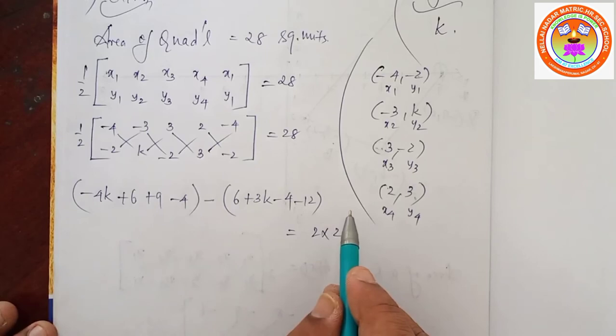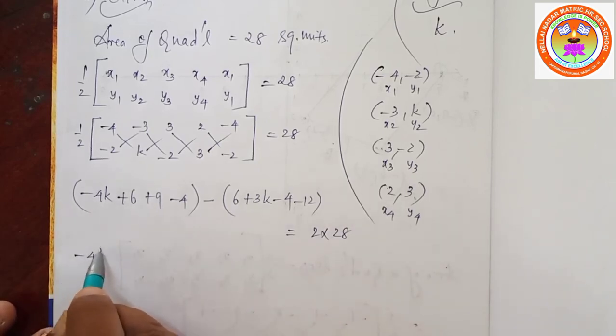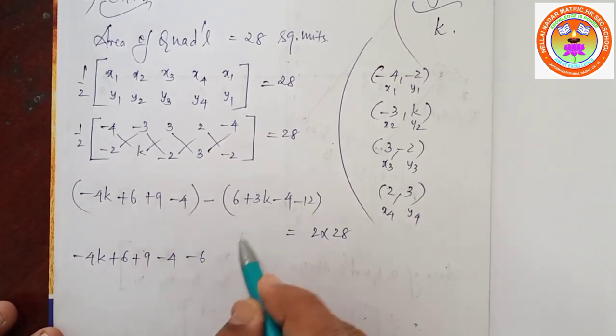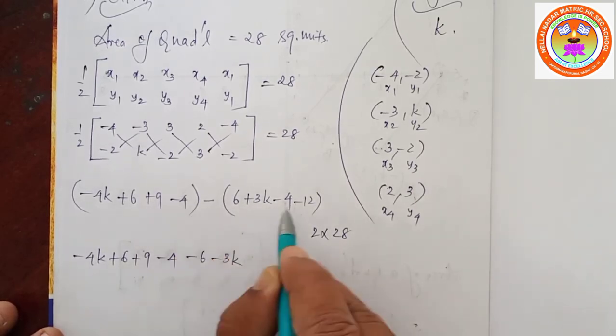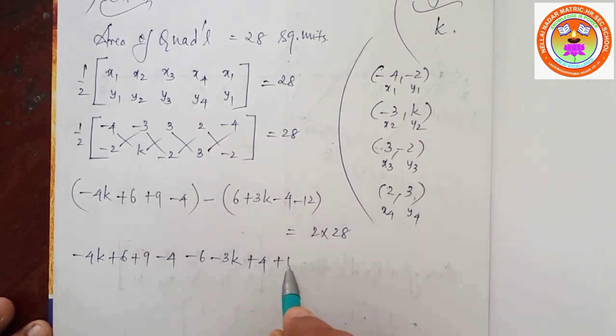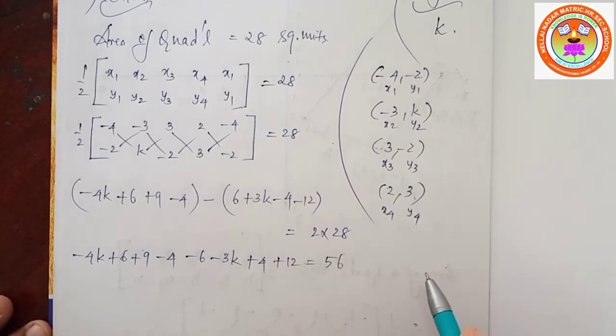Now we can eliminate the brackets, write everything: minus 4k plus 6 plus 9 minus 4, minus into 6, minus 6, minus into 3k, minus 3k, minus into minus 4, plus 4, minus into minus 12, plus 12, that is equal to 2 into 28 is 56.